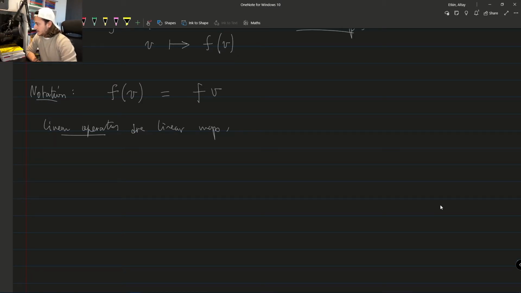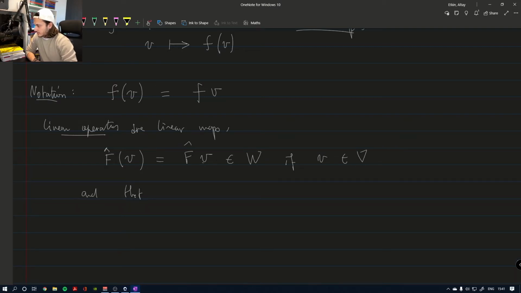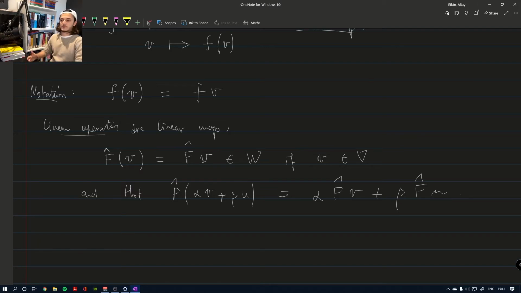F, a linear operator, would eat a vector to spit out another vector, and we usually write this as Fv, meaning F, the operator, acting on v, the vector. This is an element of W if v is an element of V, and F would eat alpha v plus beta u and spit out alpha F hat v plus beta F hat u, so it's still a linear mapping.